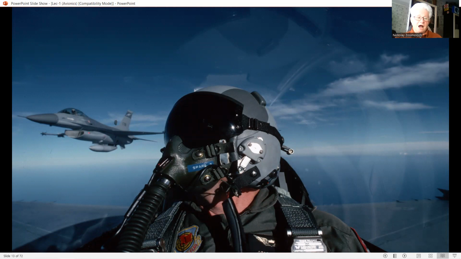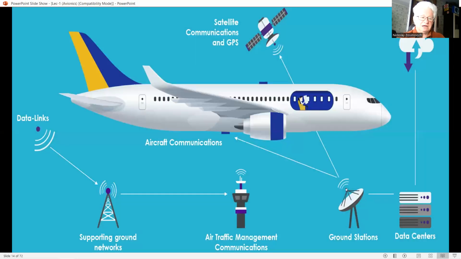Other very important drivers for avionics systems are increased safety, air traffic control requirements, all-weather operations, reduction in fuel consumption, improved aircraft performance, control and handling, and reduction in maintenance costs.